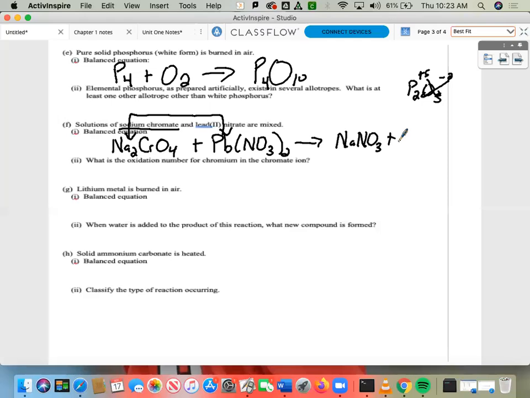Okay. So now I would probably need a 2 here maybe to balance this. These are aqueous, right?